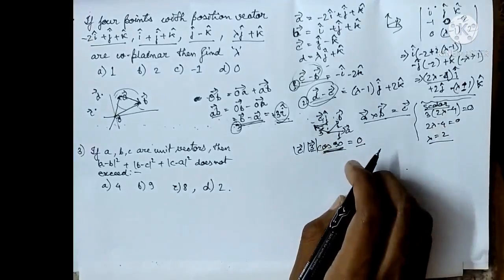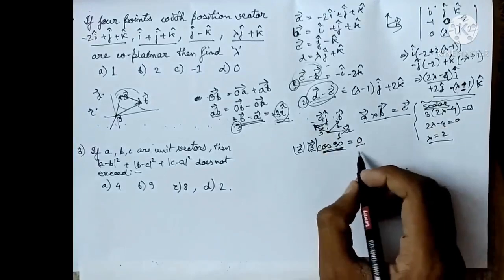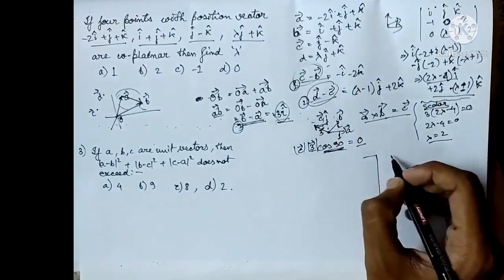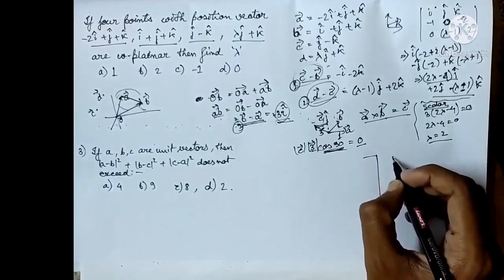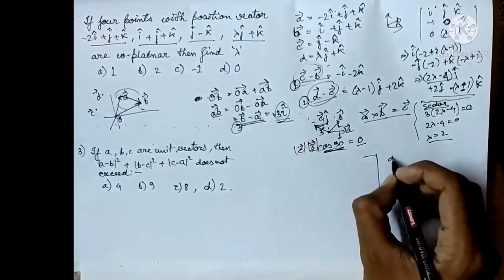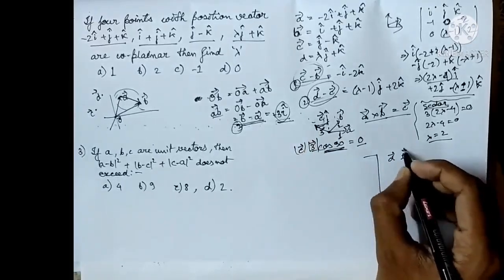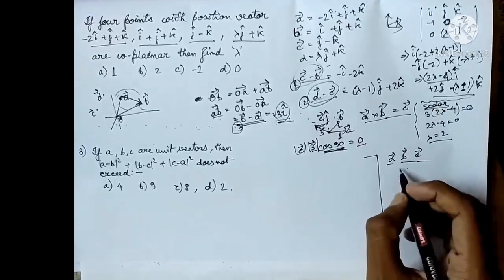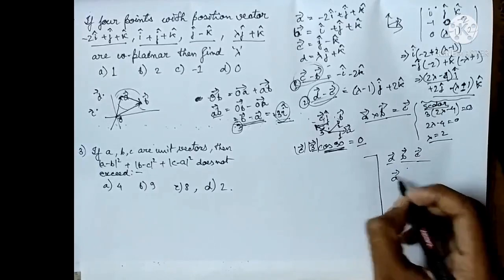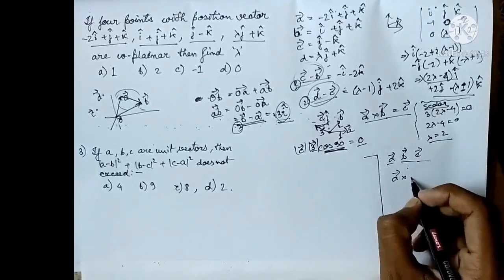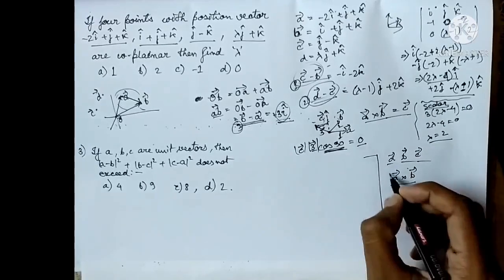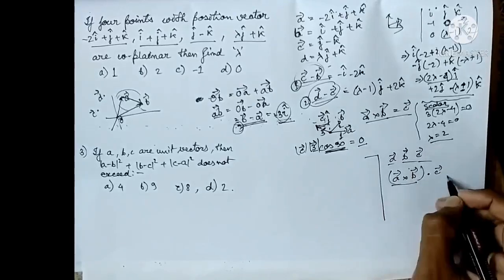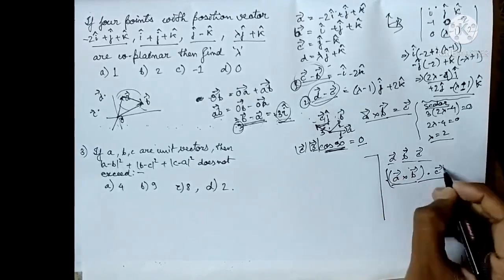I also want to say one more thing, that here is a shortcut to it. Suppose we have taken a vector, b vector and c vector. These are the lines, suppose. Now a vector cross b vector, dot c vector, then we are doing the scalar. We just did this one, right?